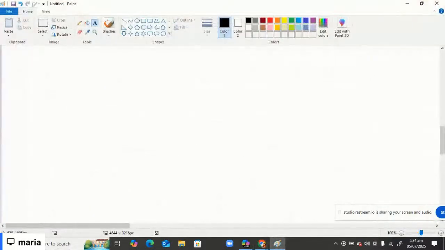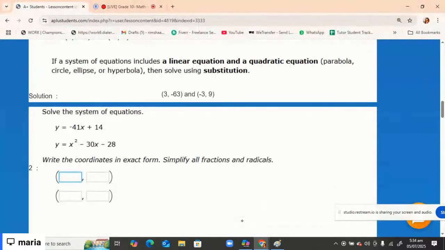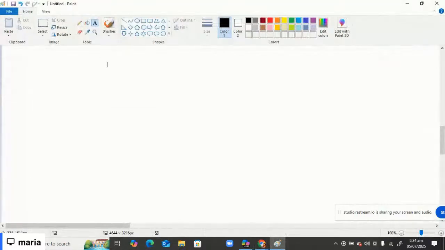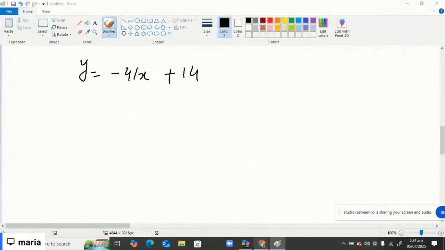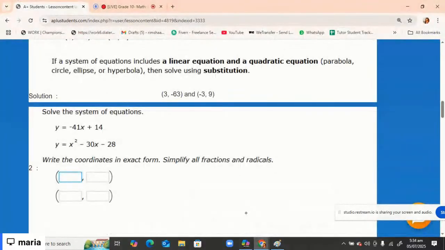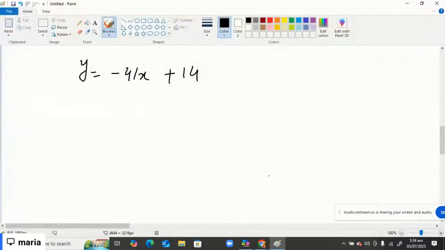So y is equals to minus 41x plus 14, and then y is equals to x square minus 30x minus 28.